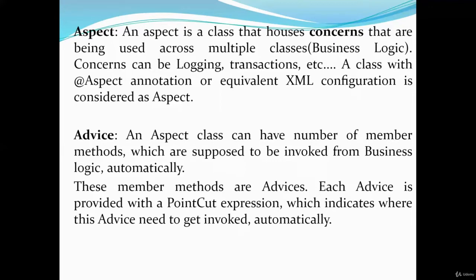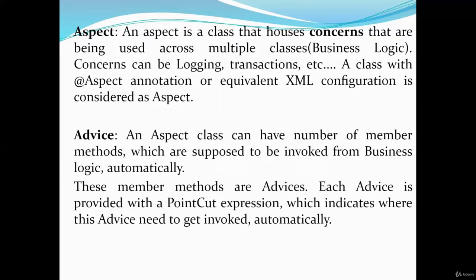An aspect class can have a number of member methods which are supposed to get invoked from the business logic automatically. Business logic means the main logic where we are supposed to use these cross-cutting concerns.